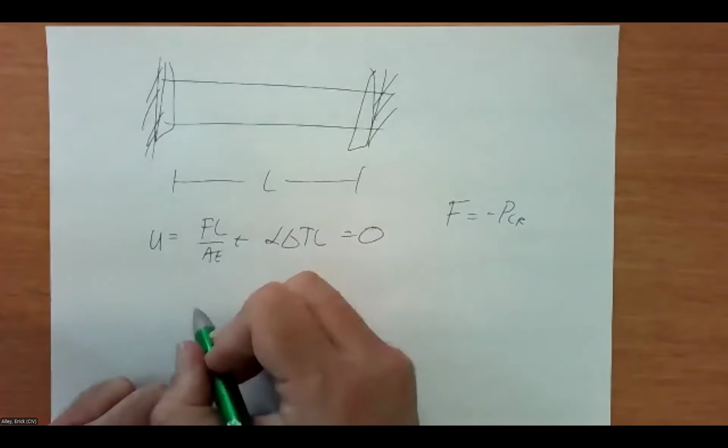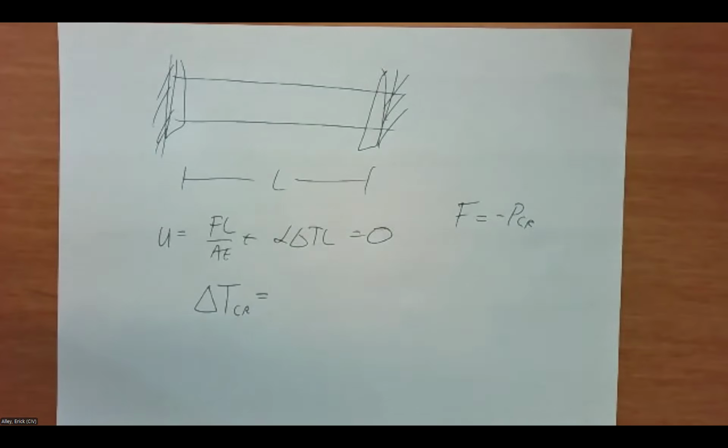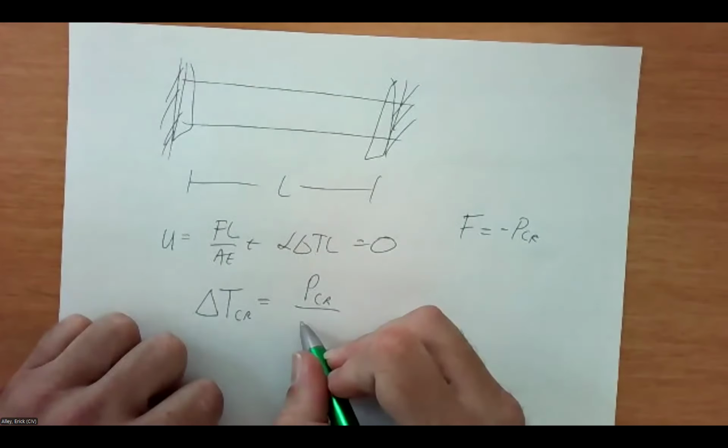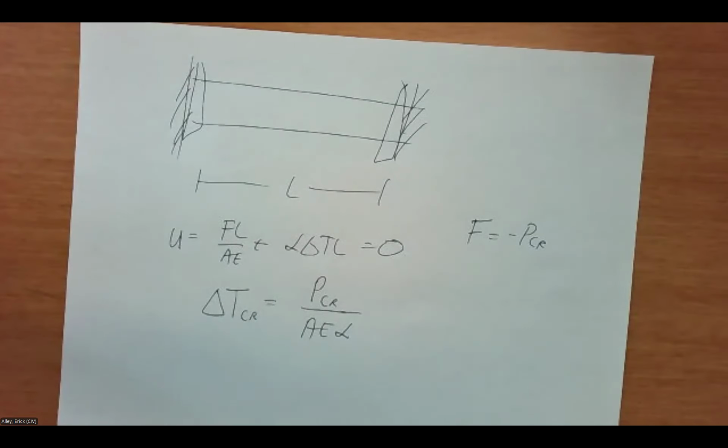So that one throws in there. And I can solve for my delta T critical, the one that's going to cause buckling. It's going to be the same as we had on the previous page. Going to be P critical over AE and alpha. So there's our equation.